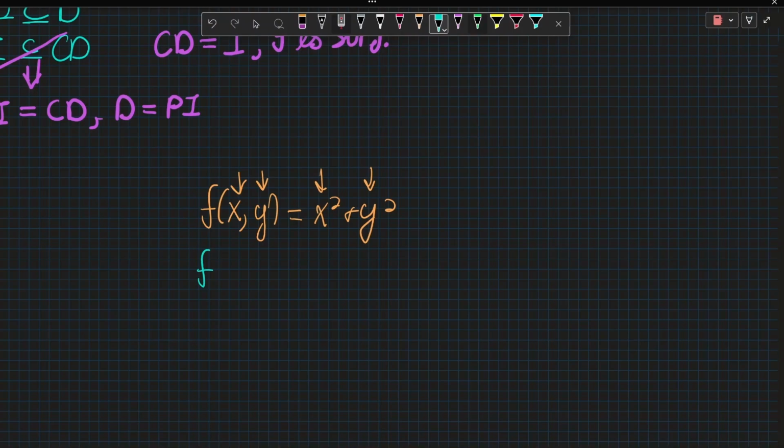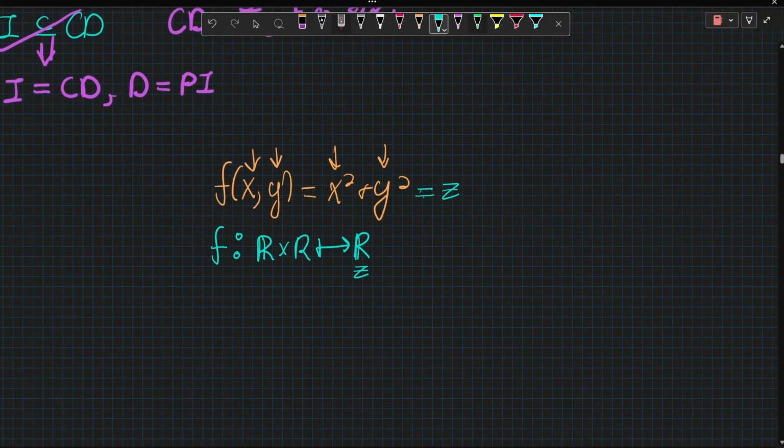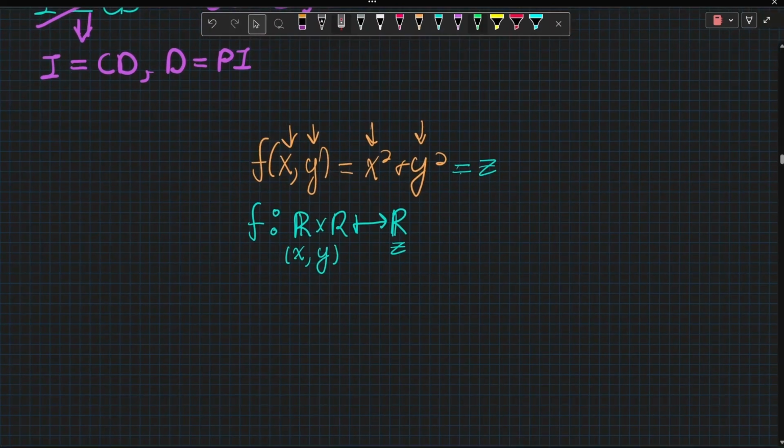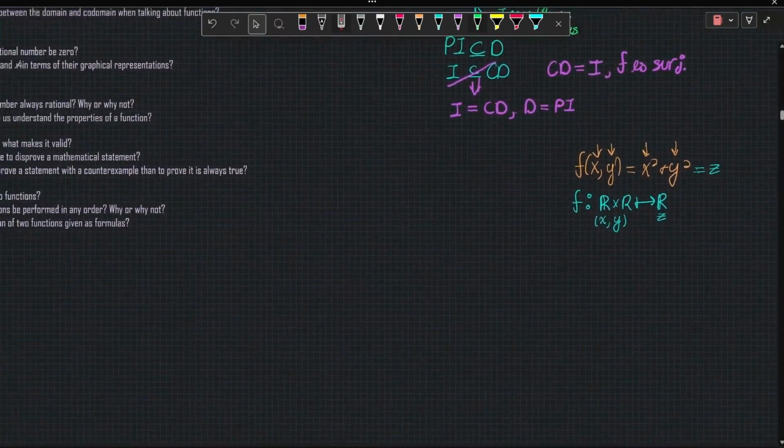And this definition of this function would be in the form, we take two real numbers and we map that to a single real number value, okay? Because the addition of two real numbers will give us a singular real number. We can call, let's say, z. So z here is our summed real numbers, whereas r cross r is our two unknown input variables, okay?